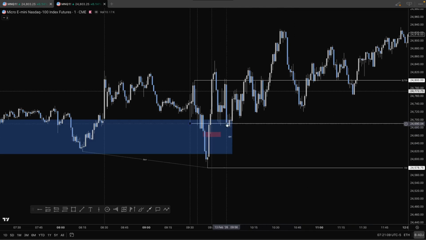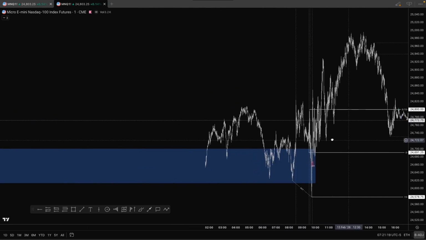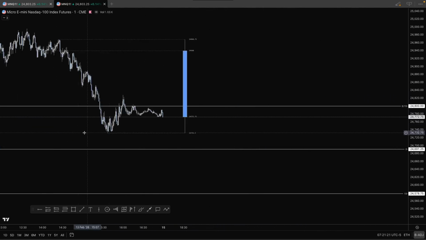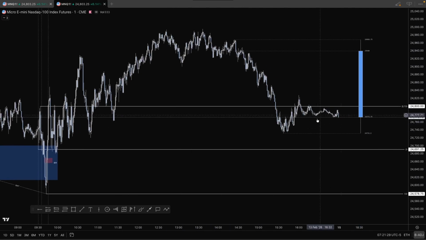And so I was already convinced right here at that PFVG and took that. But yeah, I would say that day is to be considered bullish, even if we came down here.